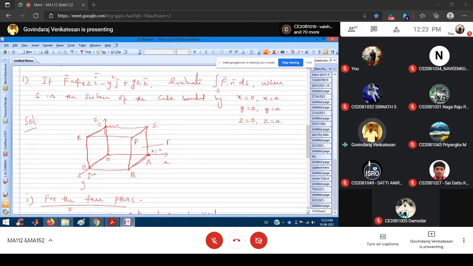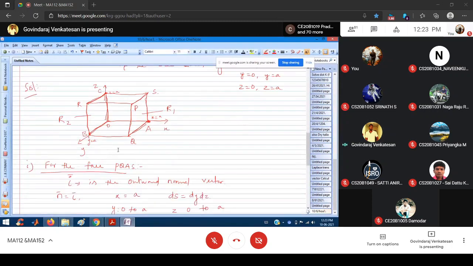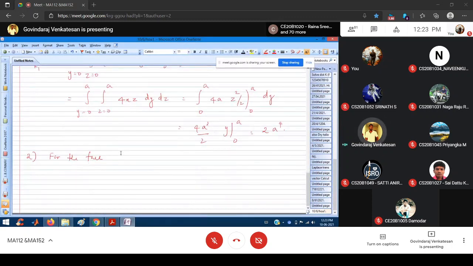I think this is my R1 and this is my R2. So this one, OBRS, is the second face, directly opposite to the PQAS. Okay, let me take the face OBRC.